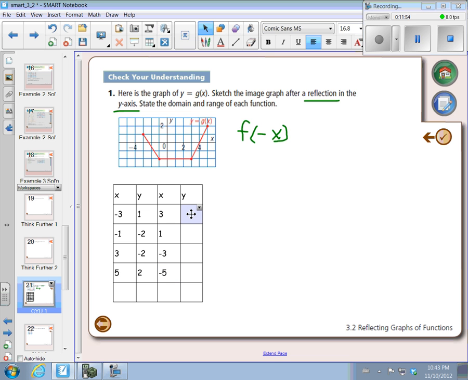It stays the same height as it was originally. So I'm just going to retype those exact same y values there. This is a single transformation, a horizontal reflection. I would like everybody to plot those points, and in a second here, I will reveal the solution.